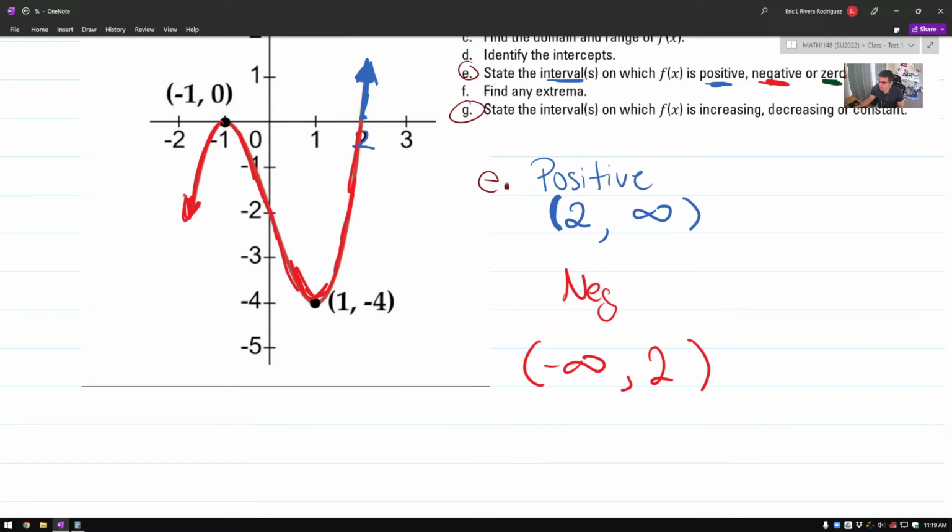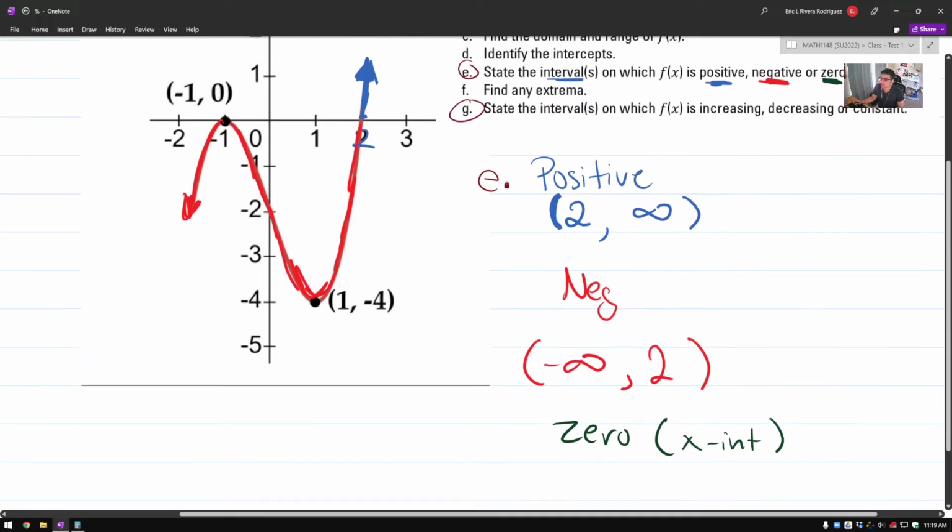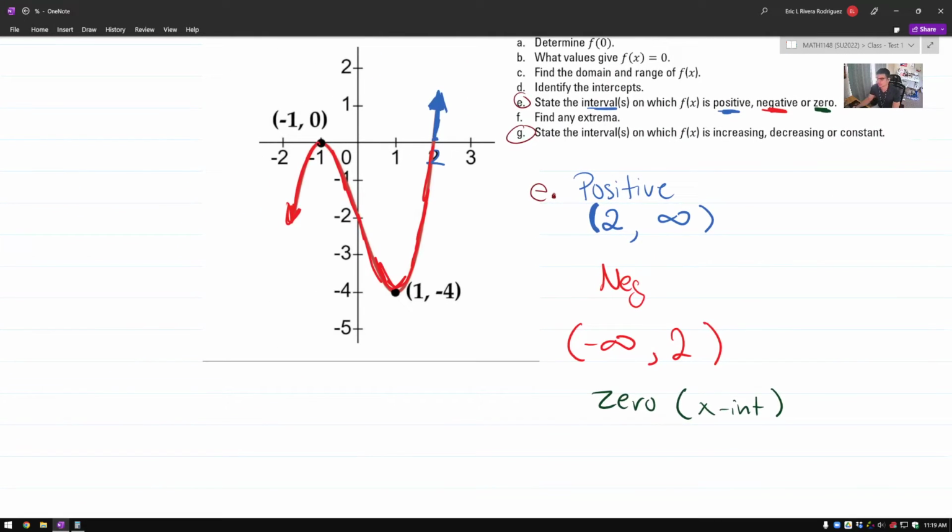And then we are going to give the interval on which f is 0. This is the same as the x-intercepts. Here we are going to answer by the value of x. Why? Because these are just points.